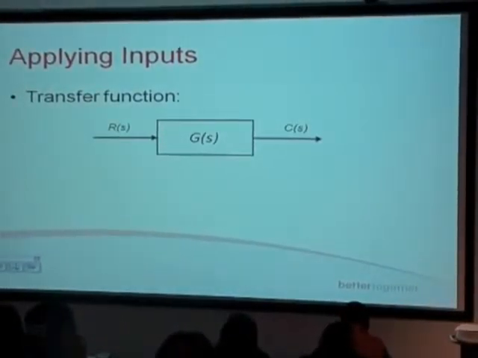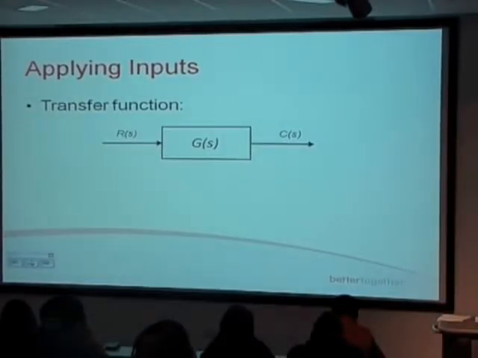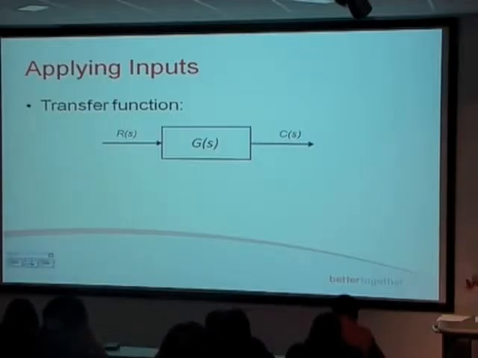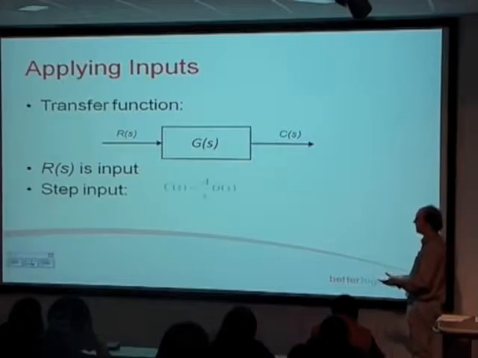R of S is our input, and so for a step, it's going to be A upon S. For a ramp, it's going to be A upon S squared, and for an impulse, it's going to be A. So that's our value for R of S. G of S depends on your system. Okay, you've got a tank, we know what the transfer function is, all those sort of things. And so, R of S is the step input.